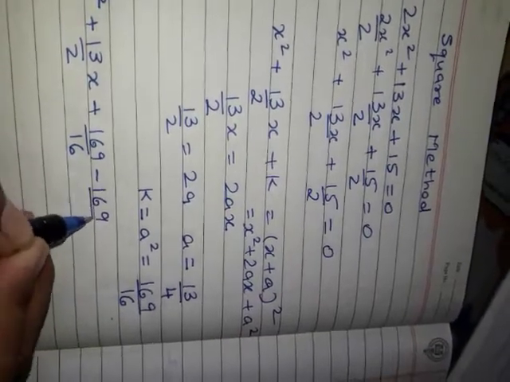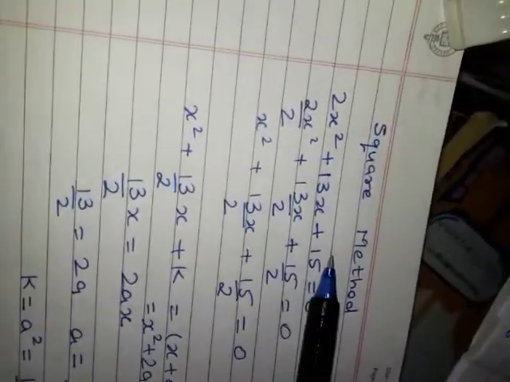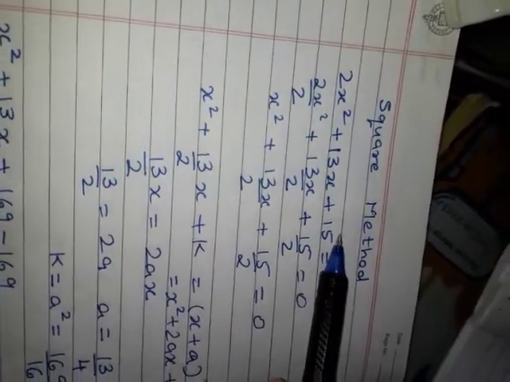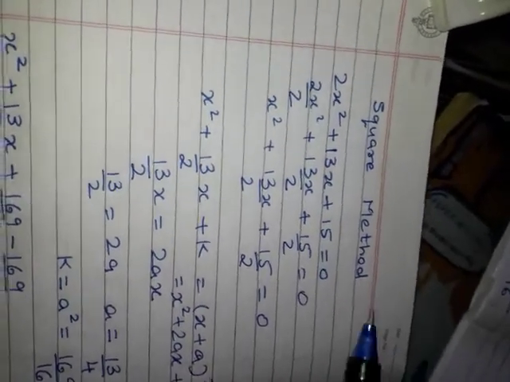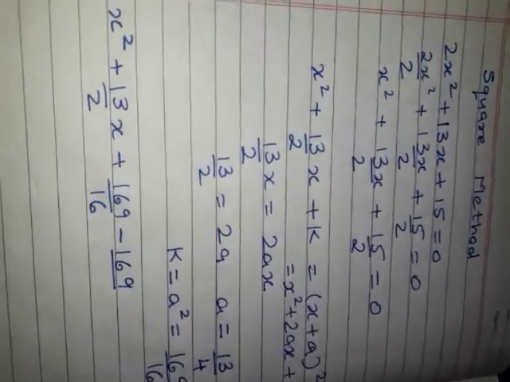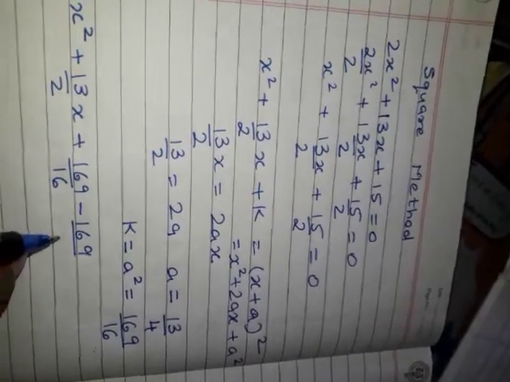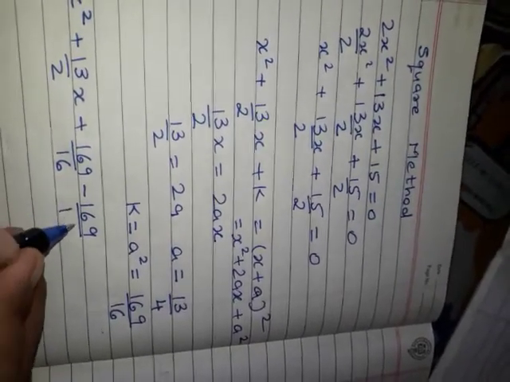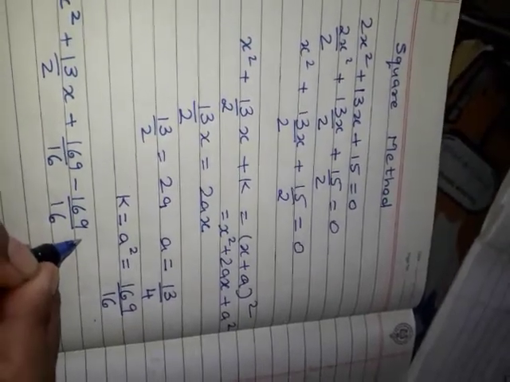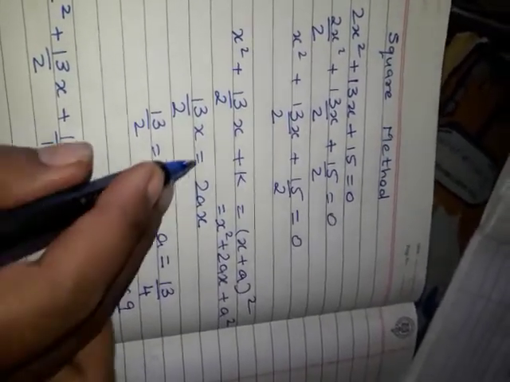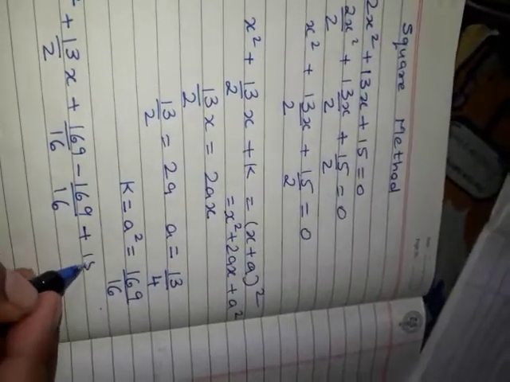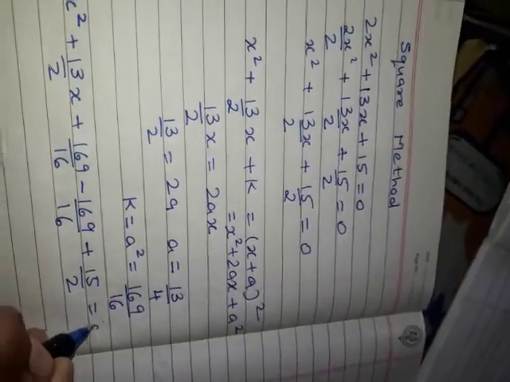So we are not diverting from our original equation, that is 2x square plus 13x plus 15. We want the original equation to be the same. We are not altering our original equation. So when we have added, we have to also subtract. So minus 169 upon 16 plus 15 by 2.